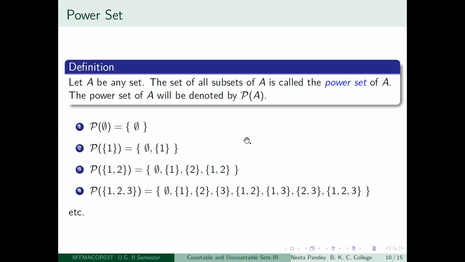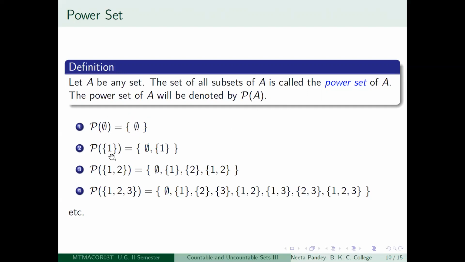So let us look at some examples. I have just taken A to be the empty set. Then what will be the power set of the empty set? The empty set has only one subset, that is itself. So the power set of the empty set will be a singleton containing the empty set. Notice the power set of the empty set is not empty, it is a singleton which contains the empty set.